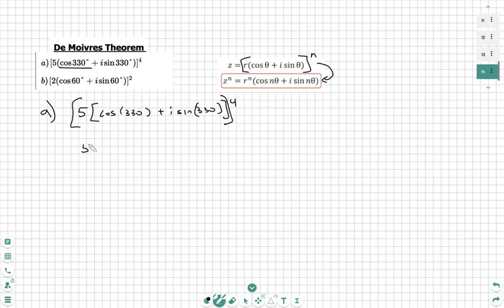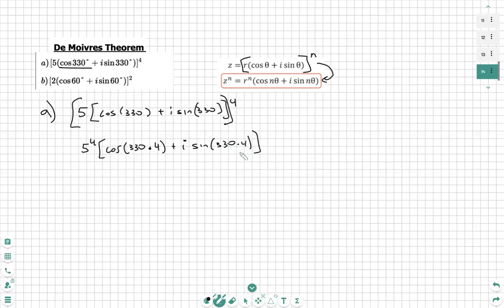My r will get the exponent. And then inside here, we're going to get 330, my initial theta, times n, which is our exponent, here would be 4. So that is that example here. And we're going to do the same thing for the sine. That is how we're going to get rid of our exponent.